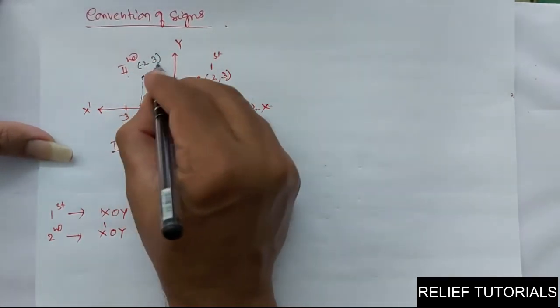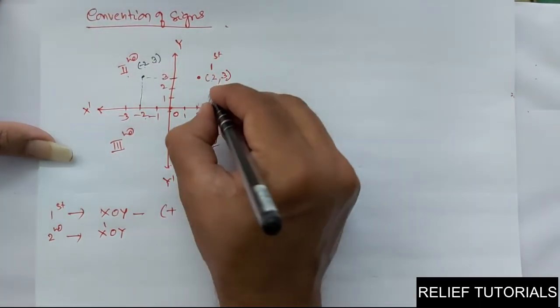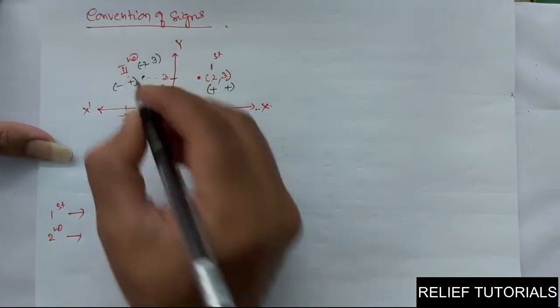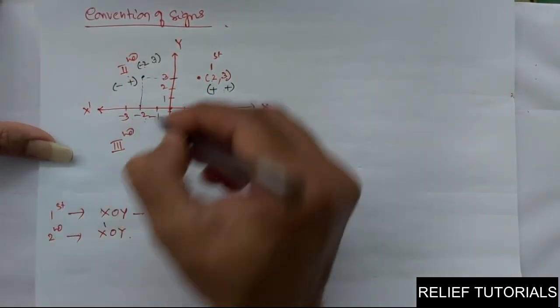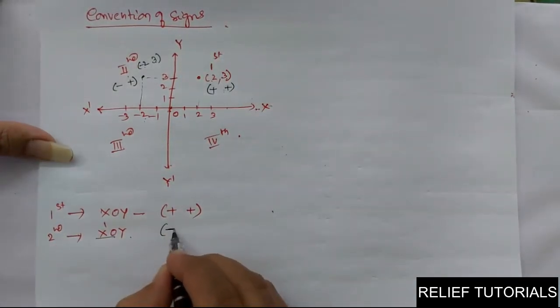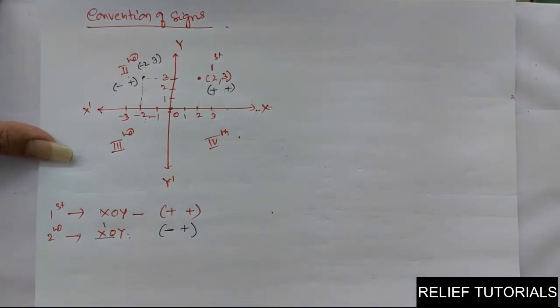So the coordinate of this point in the second quadrant is negative and positive. Why? Because in X dash OY, OX dash is negative and OY is positive. So you write negative, positive. Clear?